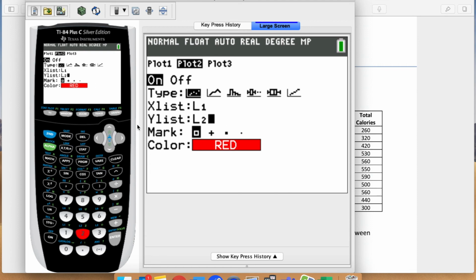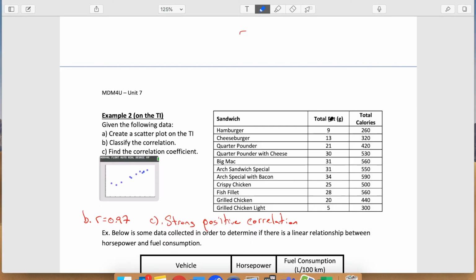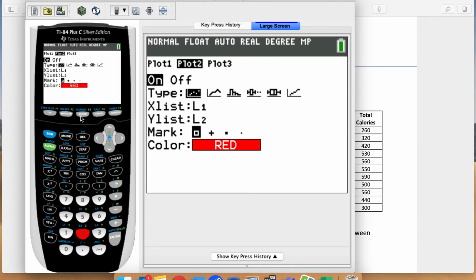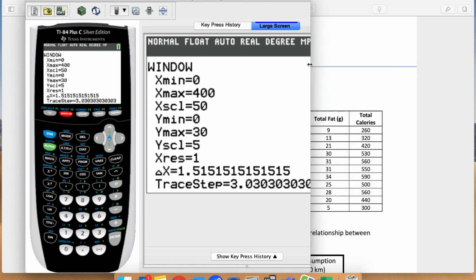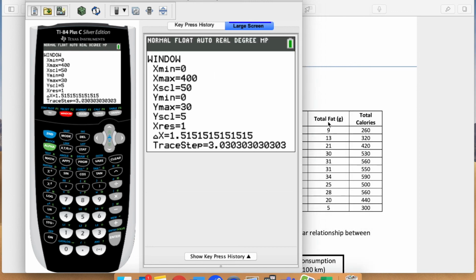The other part we have to do is, because these values are not standard, we need to change our window settings so we can see them. My X values here go from roughly 5 to 34, I guess, so why don't we make it from 0 to 40?